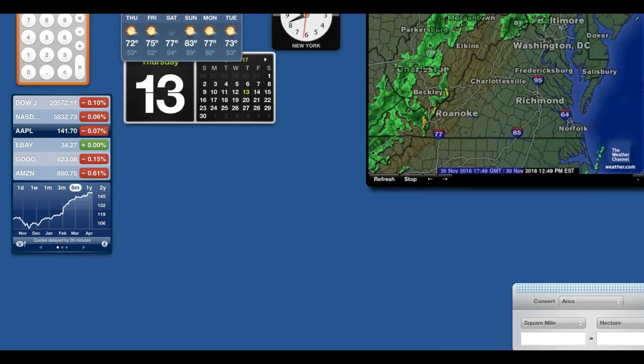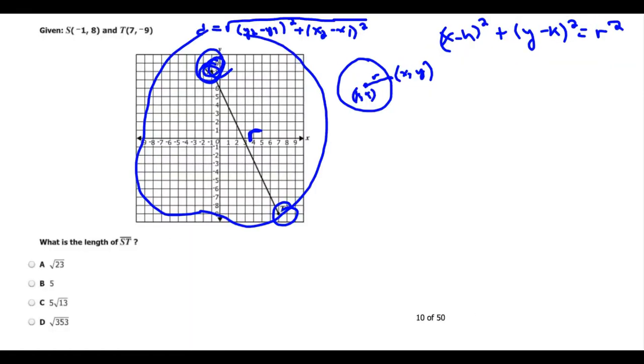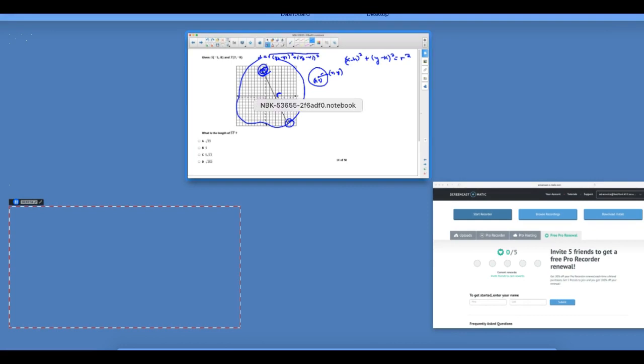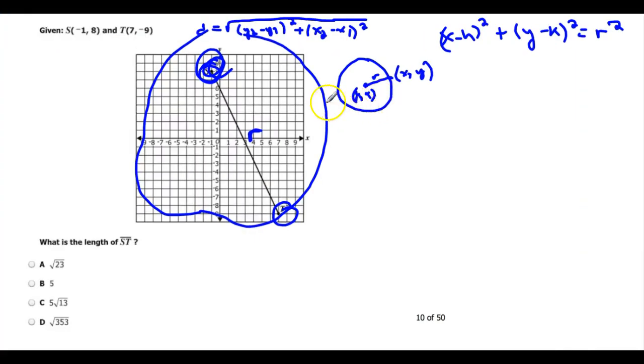So use the equation on the formula sheet, pretend one point's at the center and the other point's on the circle, and you can find the radius. That's the distance between S and T. So that's one way you can do it, and you can calculate it out like that.